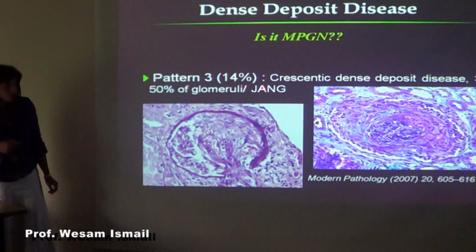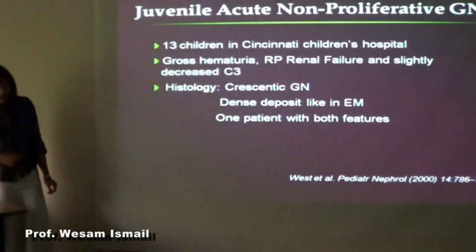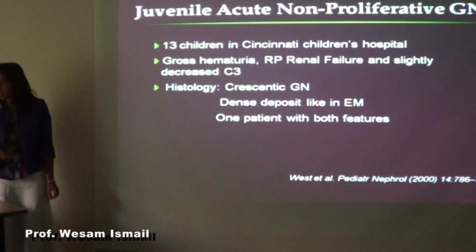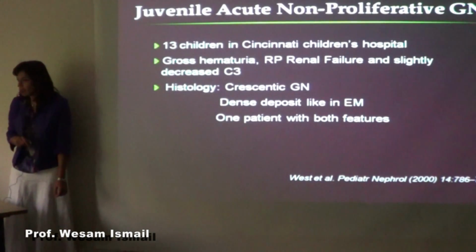The third pattern they recognized is a crescentic pattern, crescentic dense deposit disease. As we mentioned yesterday, in order to say crescentic, you need more than 50% of the glomeruli to be affected. And this entity is different from the rest. It is called juvenile acute non-proliferative glomerulonephritis, which is pattern 3.